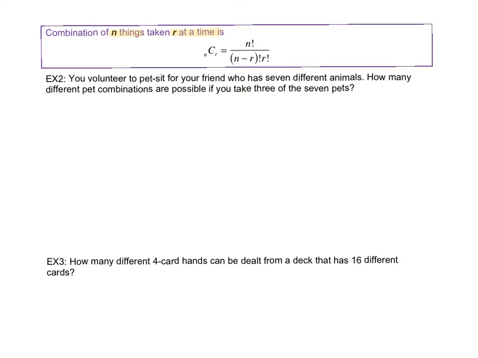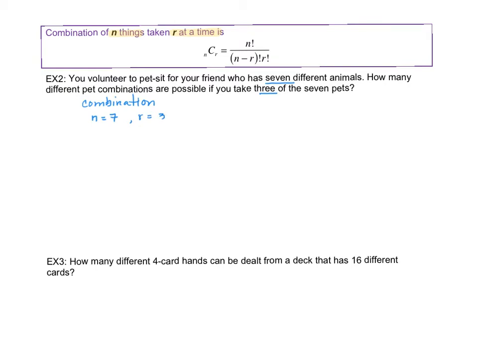So since this is a combination, I'm going to use the combination formula. Since they have 7 pets total, my n is 7. And since I'm choosing 3 of the 7, my r is 3.